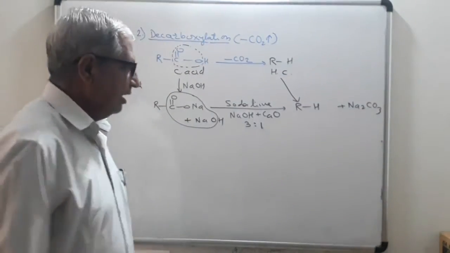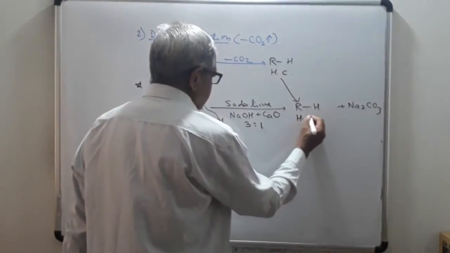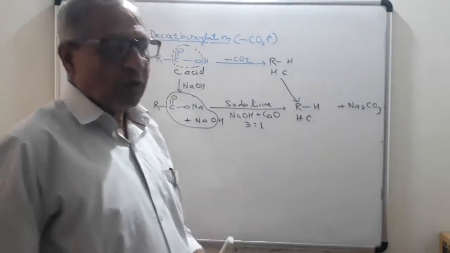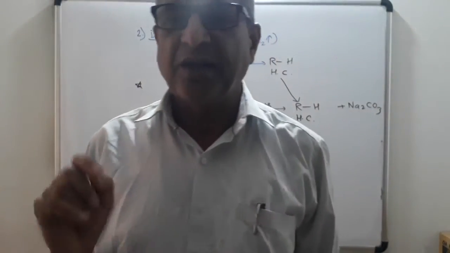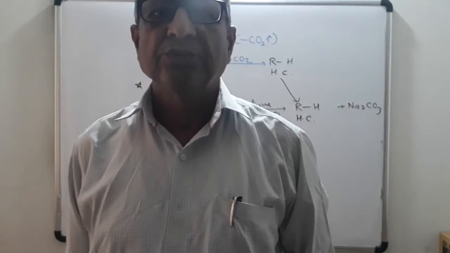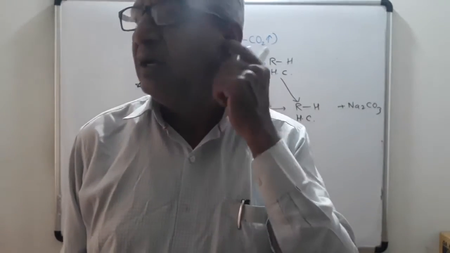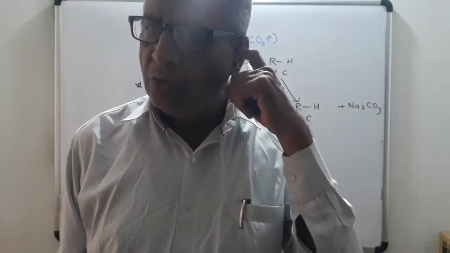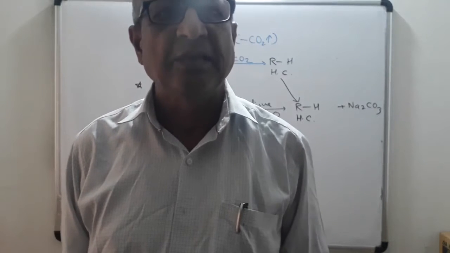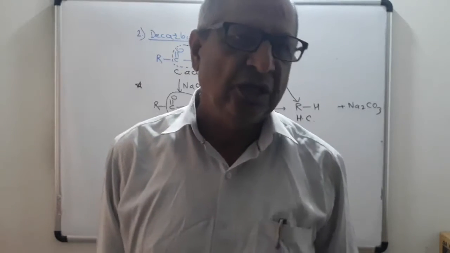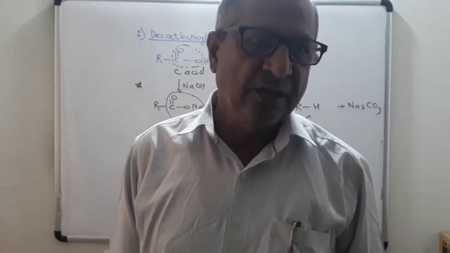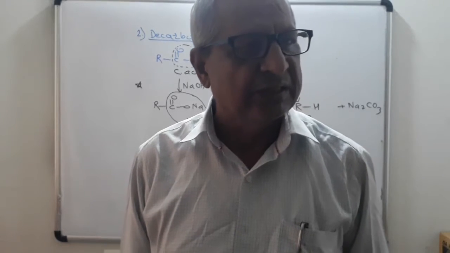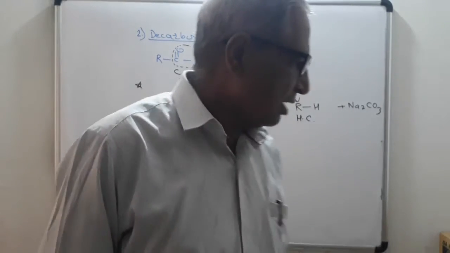So when the sodium salt of a carboxylic acid is treated with soda lime, a mixture of NaOH and CaO in the ratio 3:1, it undergoes decarboxylation to give a hydrocarbon.